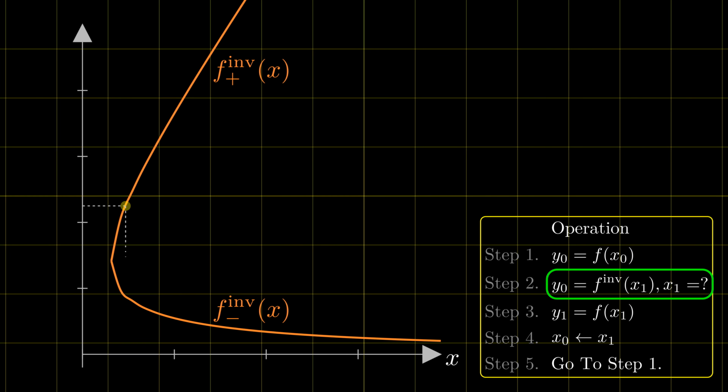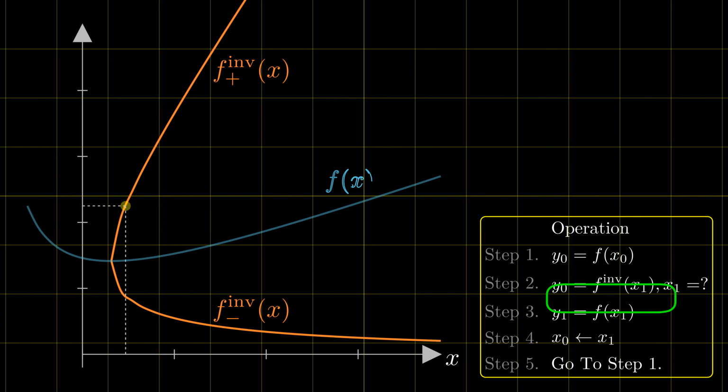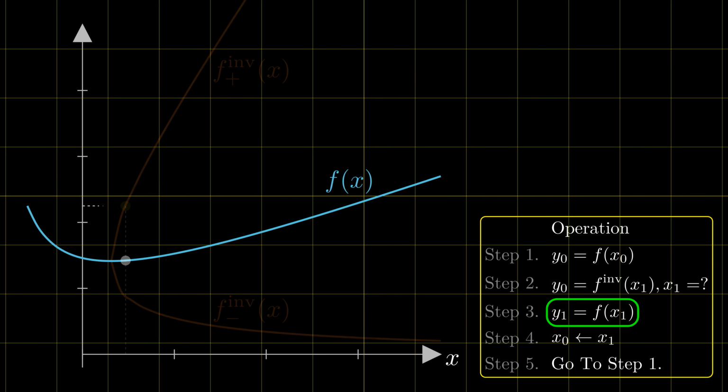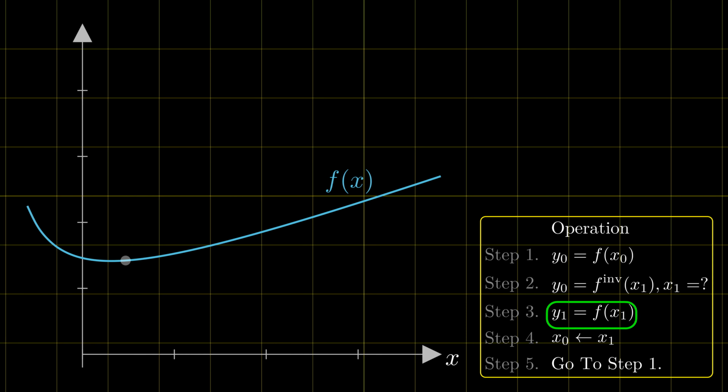This rapid convergence hints at a fascinating underlying mechanism. The iterative process effectively constructs, through its chain of compositions, an approximation of the inverse of the original function's behavior around the solution.